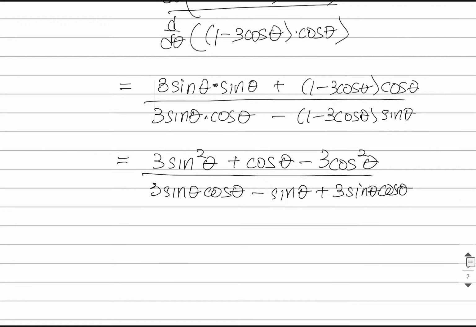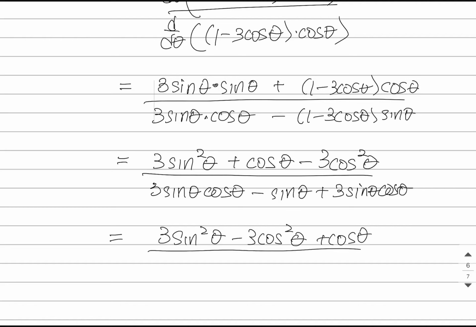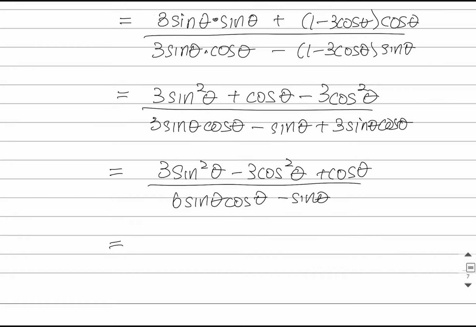Now, I keep cleaning it up. It's not enough. There are trig identities that I'm going to want to make use of at some point here soon. But for now, I just group together these terms and I try to make it as neat and factored as possible. And really what I'm aiming for is a factored form.